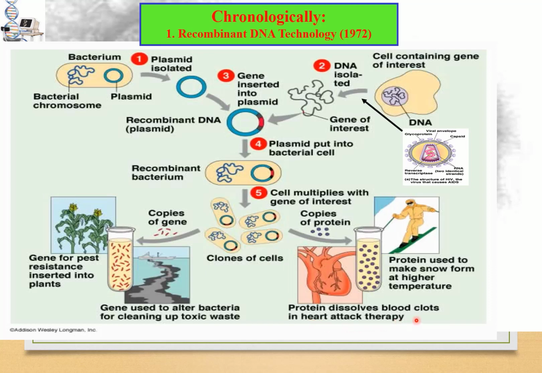Protein to dissolve blood clots in heart attack. Gene used to alter bacteria for cleaning up toxic waste. Gene for pest resistance inserted into plants. These are the applications of recombinant DNA technology.